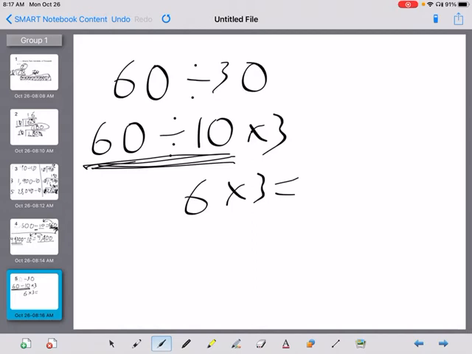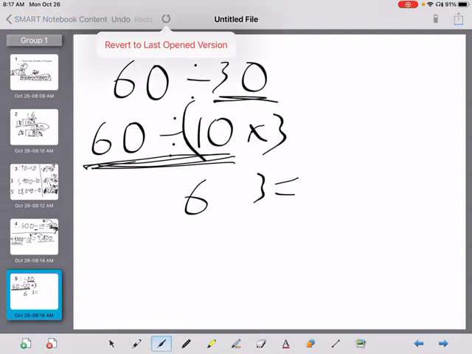60 divided by 10 is 6, and then 6 times 3 is, and then 6 divided by 3. Let me undo that there. Sorry about this.